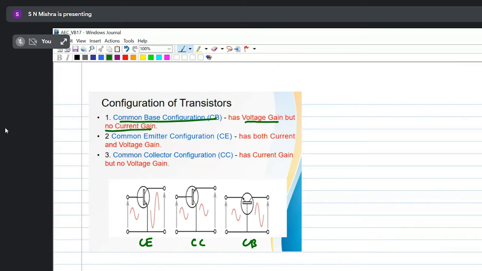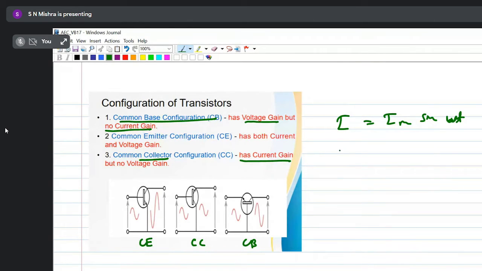Now if you go for common collector, then it has current gain. Any signal can be represented as I equals Im sine omega t. Is that a current signal or voltage signal? Current.